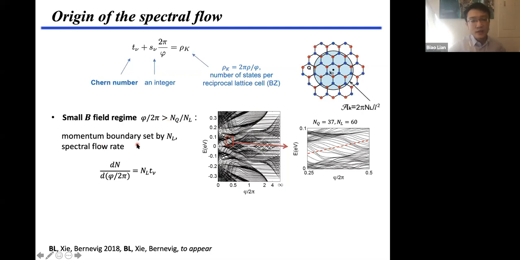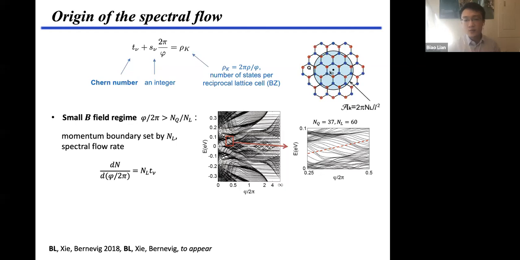So the momentum space boundary in this case gives us a spectral flow proportional to the other integer, t nu, basically the Chern number of the system, and controlled by this NL. The reason that it's controlled by t nu is because the boundary size keeps changing. So this changes the coefficient into t nu.